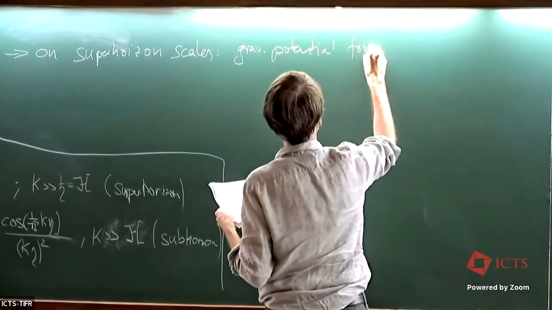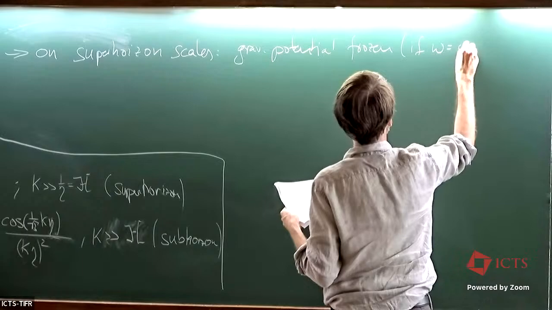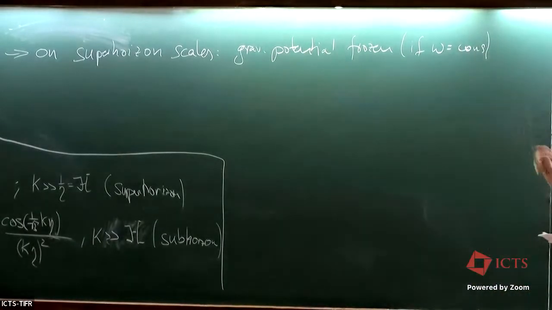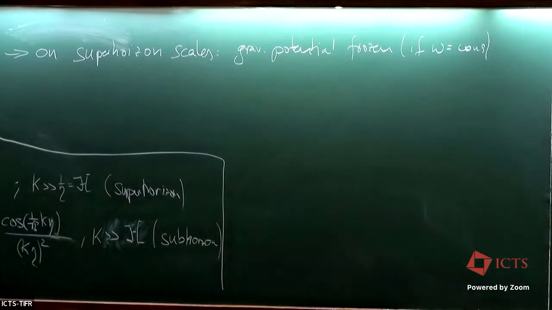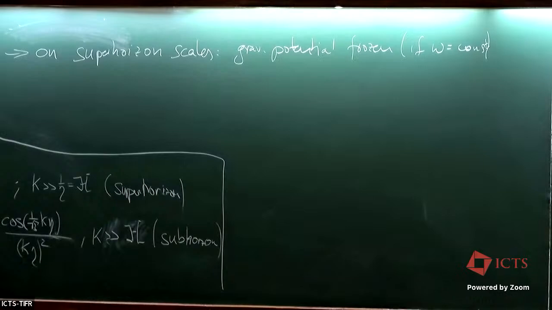At least what we assumed here is that w is constant. It turns out this is no longer true if w is not constant, and then you have to work a little bit harder to find a conserved quantity.